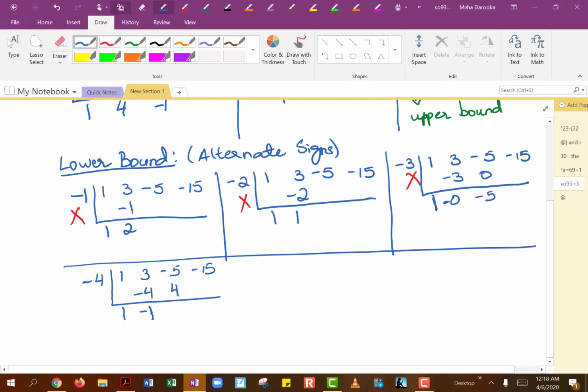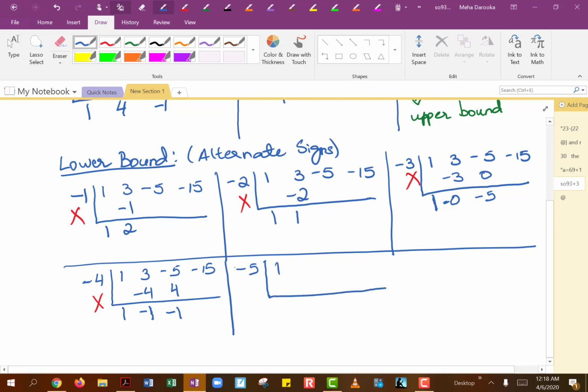Then when you do -5 plus 4, it actually gives you a -1 again. So you can see my signs did not alternate, because if the second term was negative, this guy should have been positive. So again, since my signs are not alternating, -4 is not our lower bound either. So -4 does not work, which means now you move on to -5.